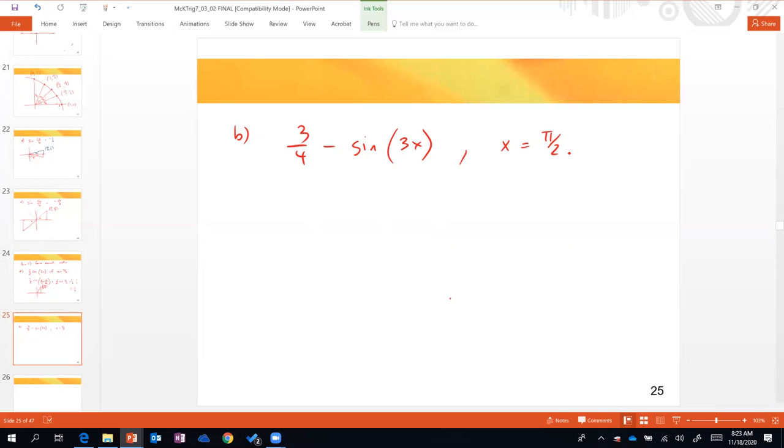All right, and we're running out of time, so go for it. First of all, we've got to figure out what our angle measurement is. Multiplying by 3 causes us to have 3 pi over 2, is that right?